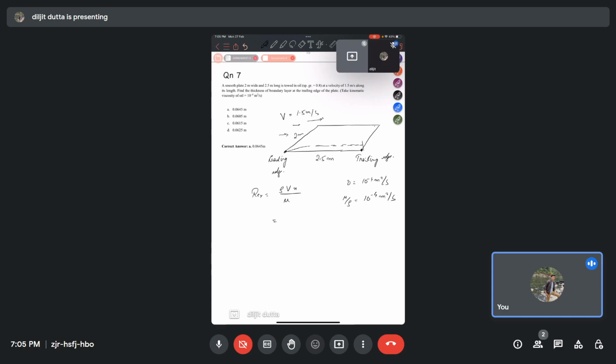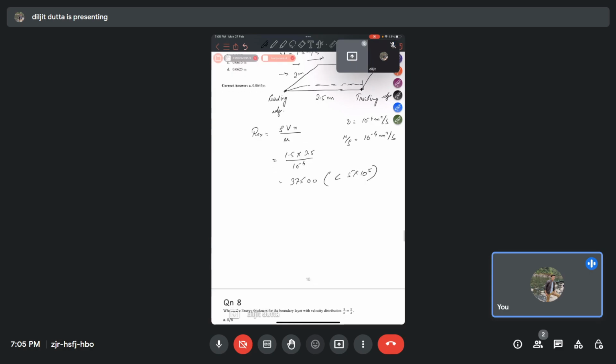So we know V is 1.5, x we take 2.5, and mu by rho is 10 to the power minus 4. So we get a value of 37500. This is less than 5 into 10 to the power 5. So this is the laminar boundary layer.